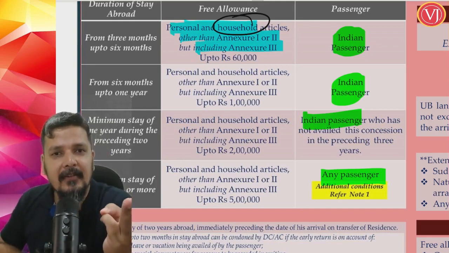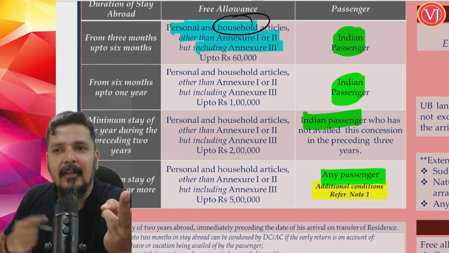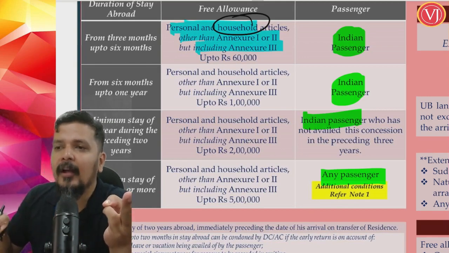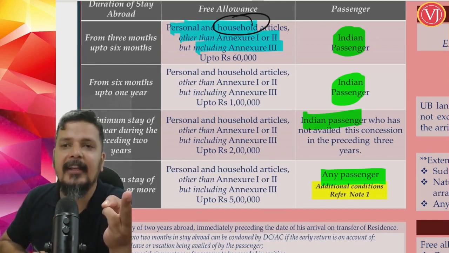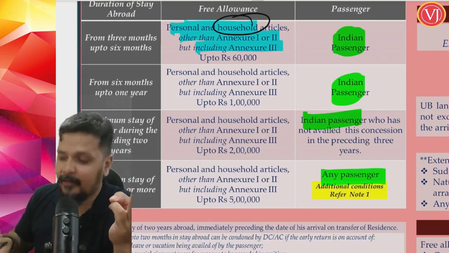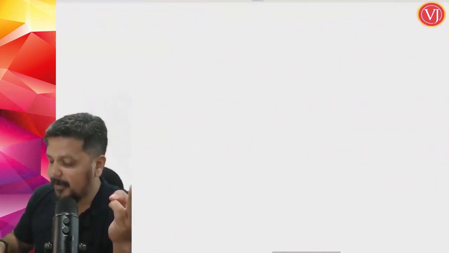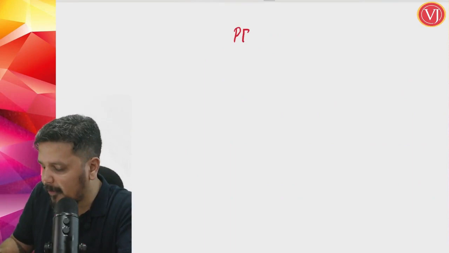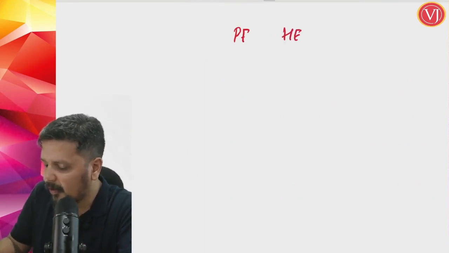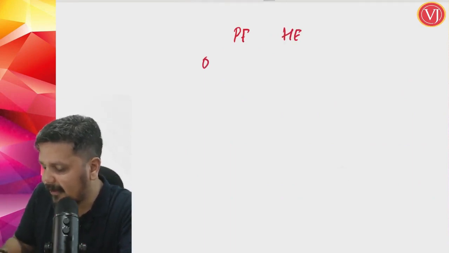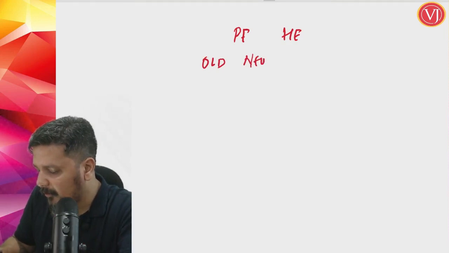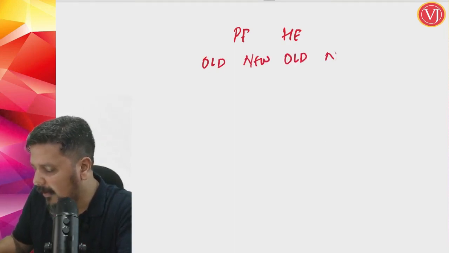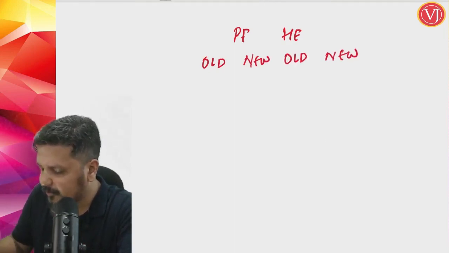Household effects, whether used or unused, the only place where you can take the benefit is Rule 6. Be very clear with it. So you are talking about personal effects as well as household effects. Let us categorize that into old and new.